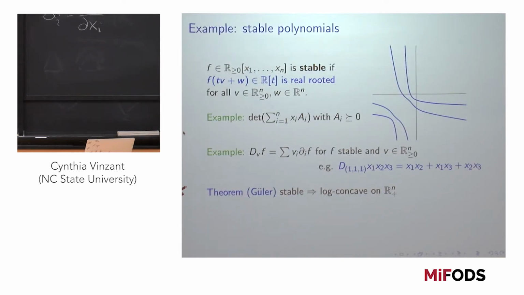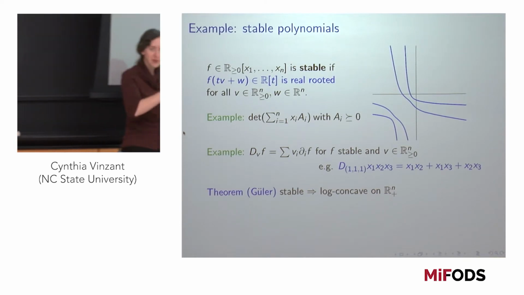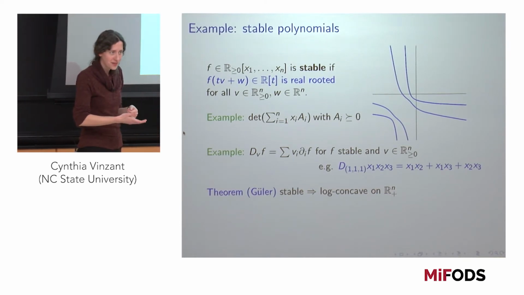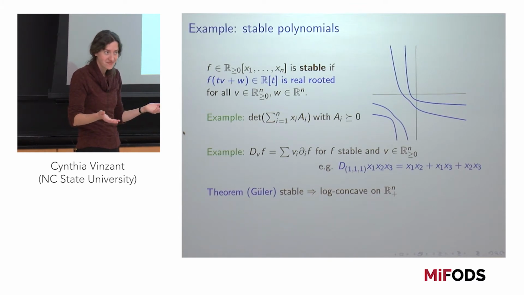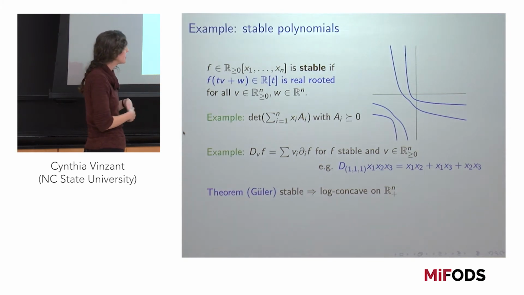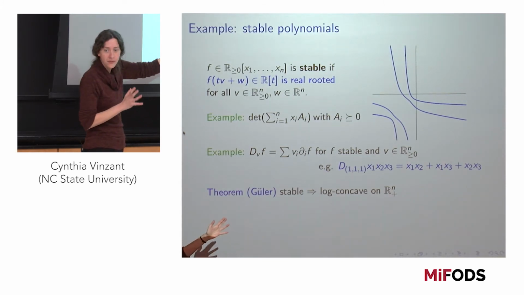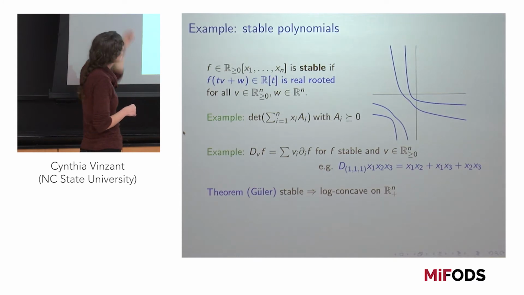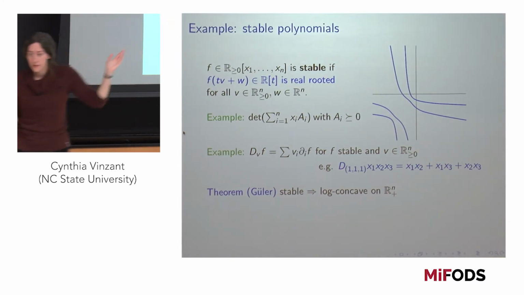Also, if you take a stable polynomial and take a derivative of it with respect to a variable, you again get a stable polynomial, which is again log-concave on the positive orthant. So if you keep taking derivatives, you keep getting stable polynomials with non-negative coefficients, and they continue to be log-concave on the positive orthant. So polynomials you get this way are also strongly log-concave.